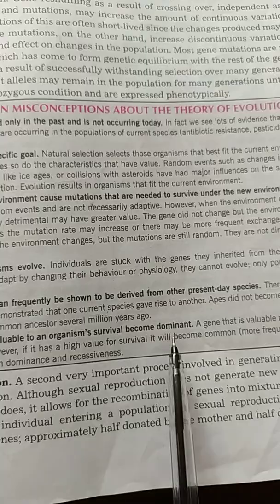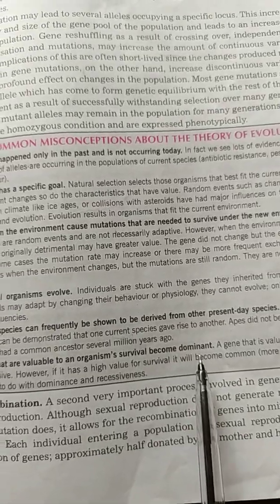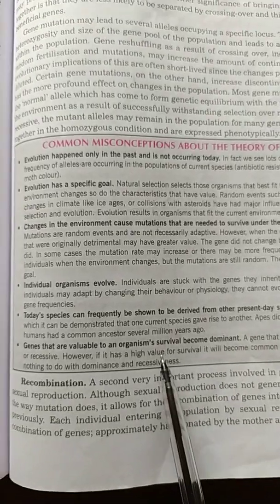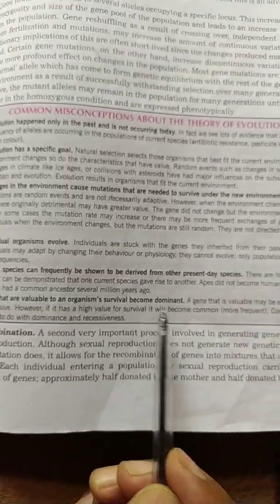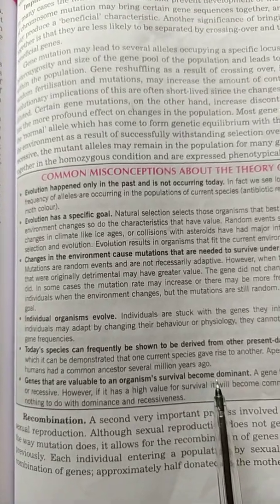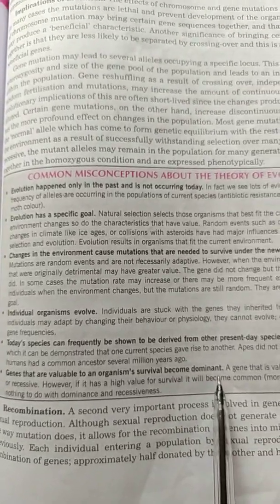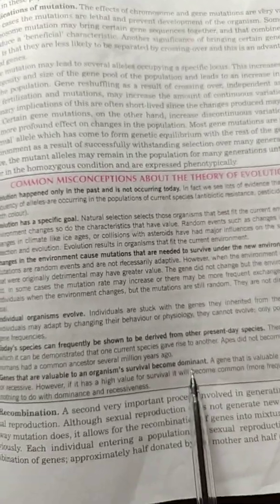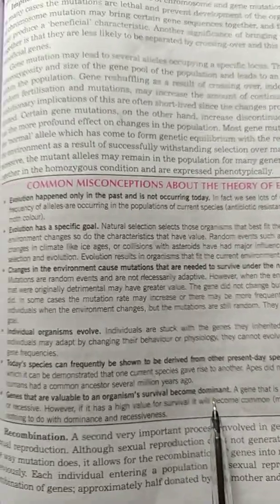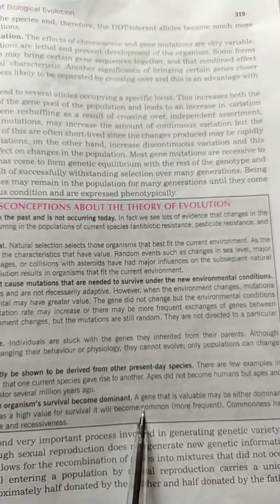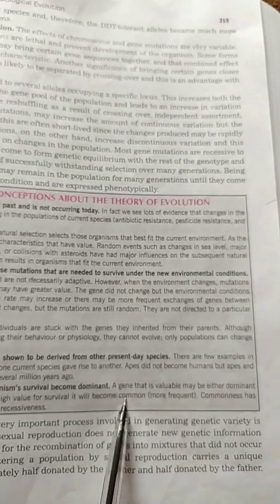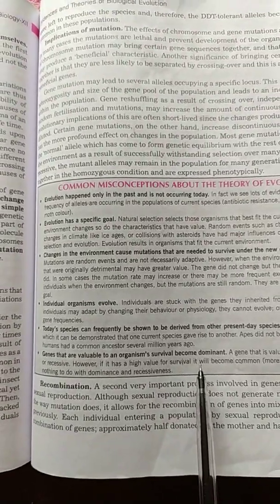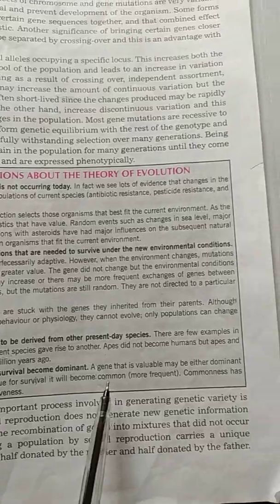It is not necessary that genes that are valuable to an organism's survival become dominant, because experience and experiments have shown that even those genes which are not valuable become dominant in species or in individuals. So all these six are the common misconceptions about evolution.